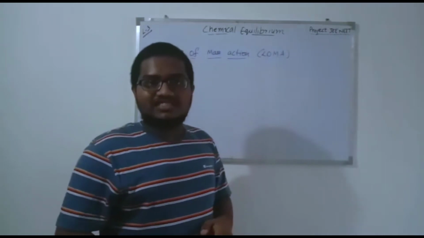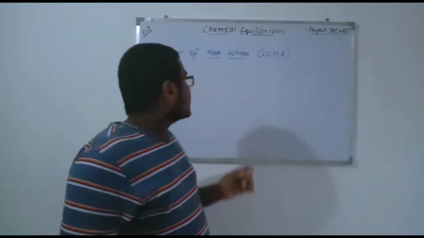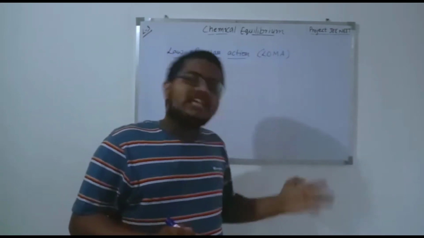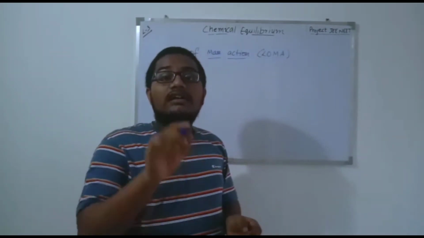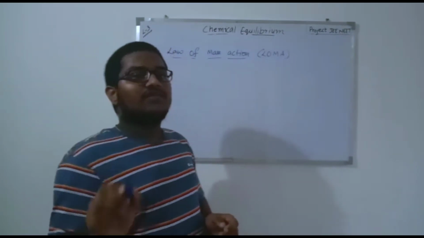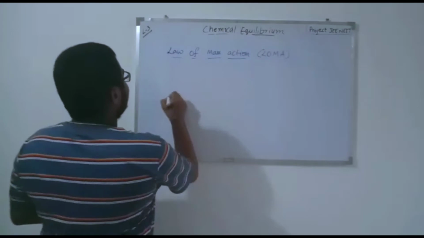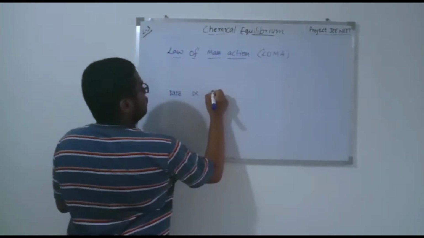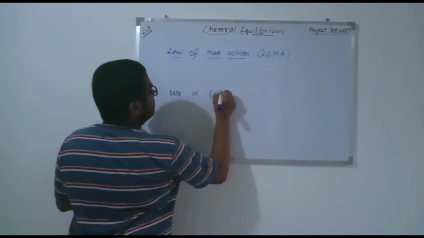This law states that the rate of any chemical reaction is directly proportional to the product of the concentrations of the reactants. So here the rate is directly proportional to the product of the concentrations.